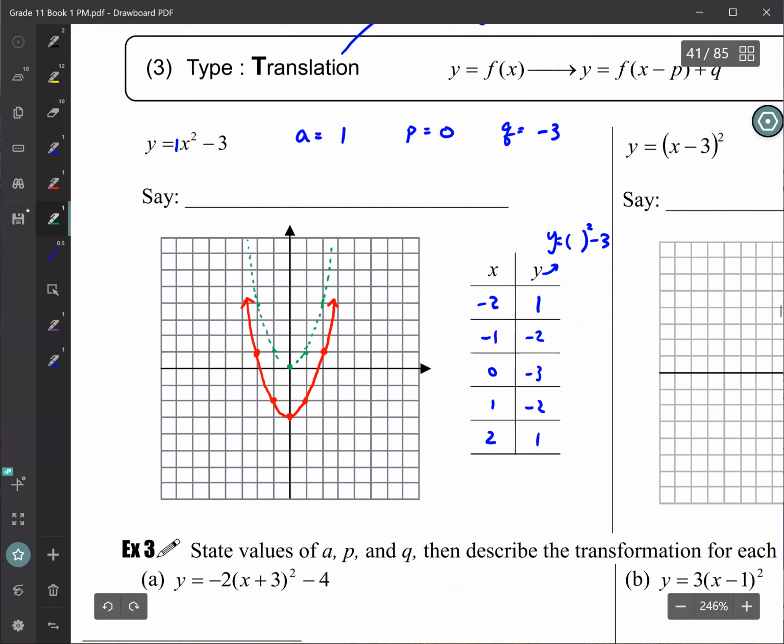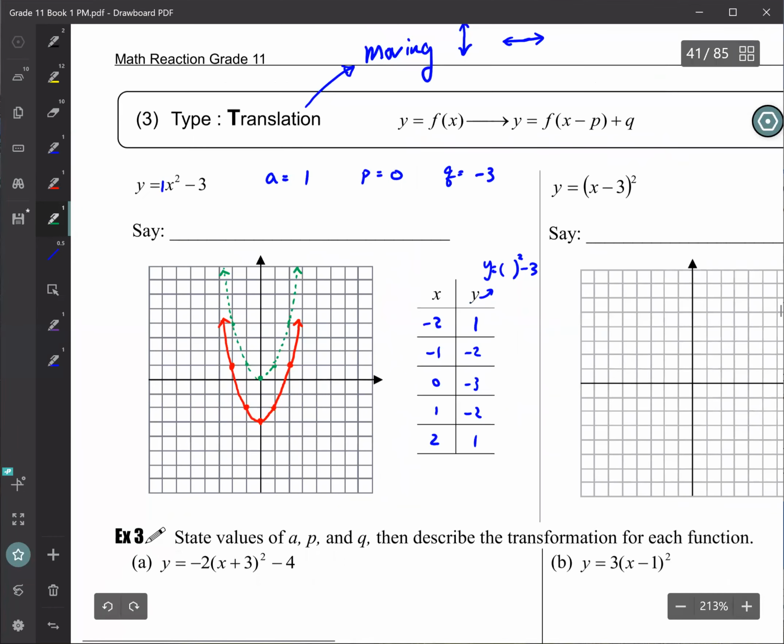Lower by how much? 3. Very good. So you can draw a dashed line if you don't want to flip back and forth. Look at the green one, it's the old one, the basic. And the new one, the red one, is x squared minus 3. So it's been moved down 3 units. We can use the word translate: down by 3 units.